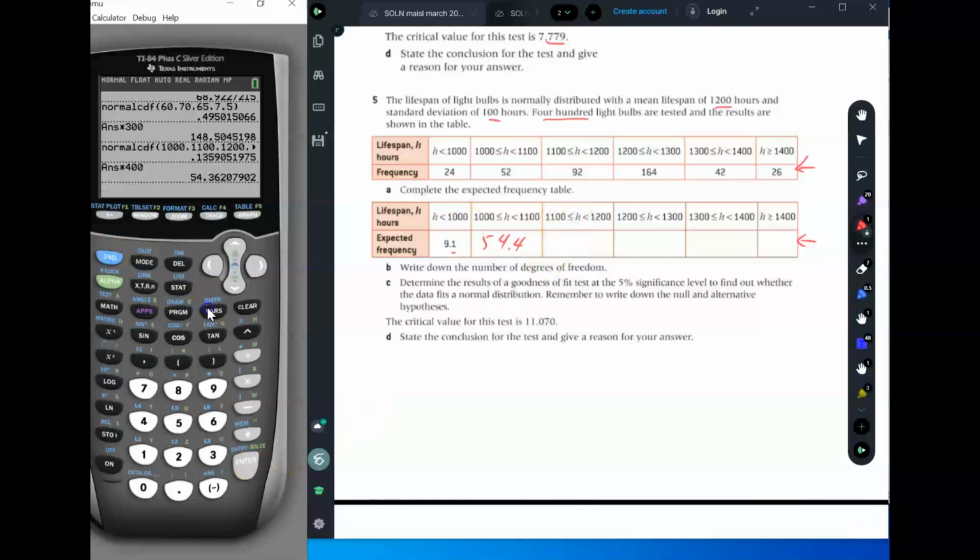So we go back into second distribution, norm CDF, and we're going to put 1,100 to 1,200.